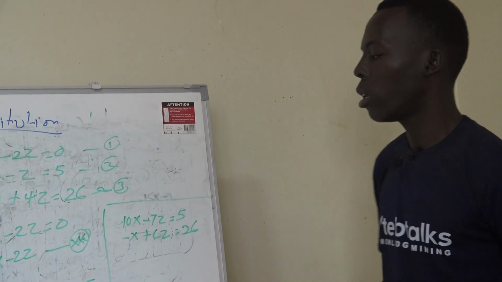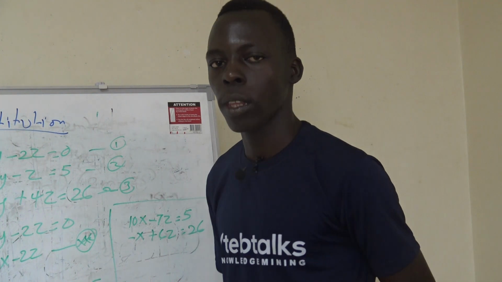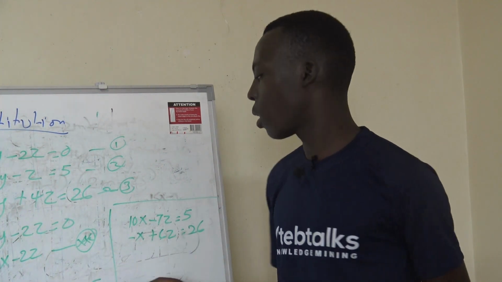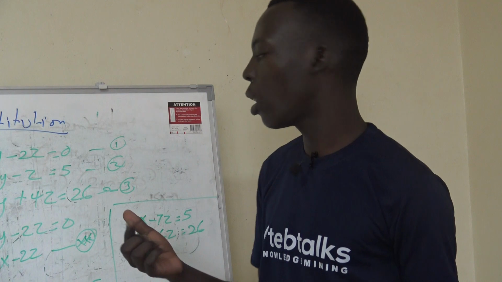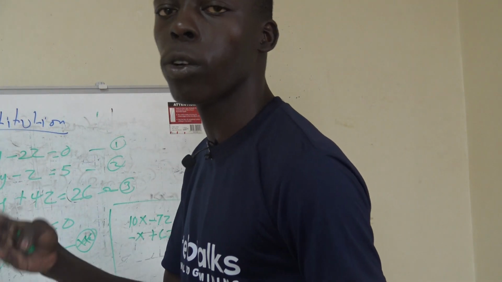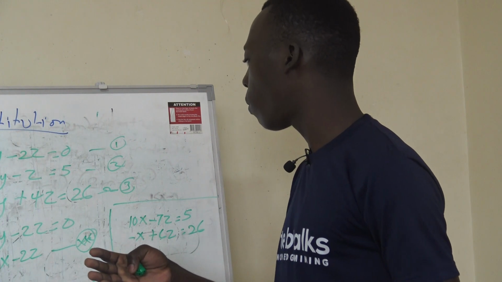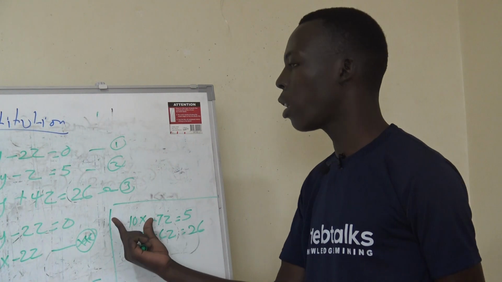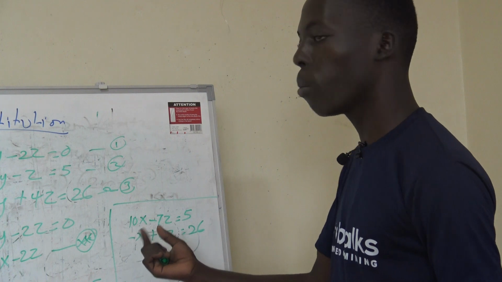Now here we are going to use elimination. By using elimination, we mean that we must have a common unknown with the same value of coefficient, the value in front, that constant must be the same.